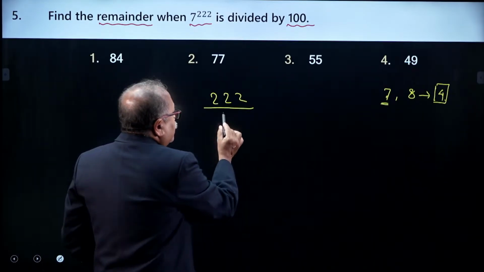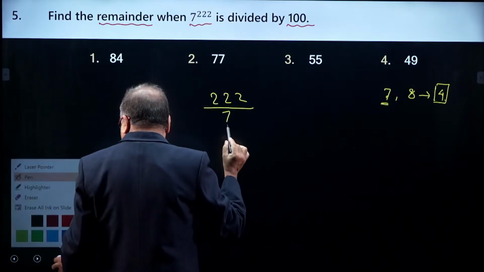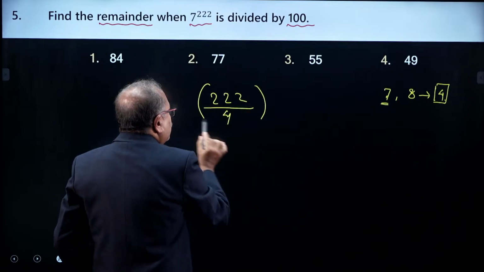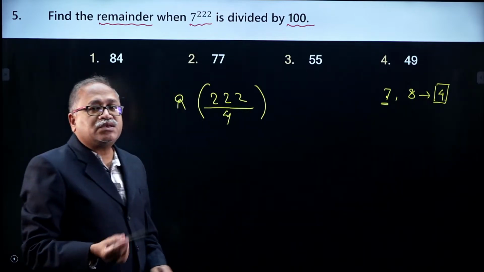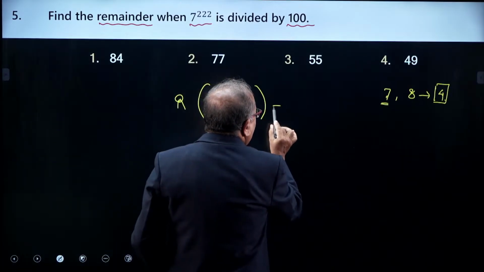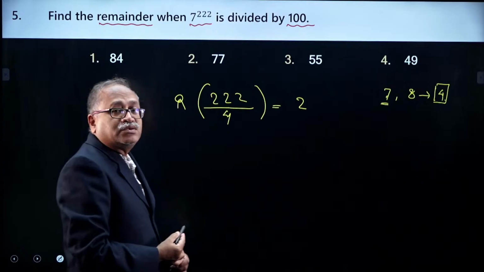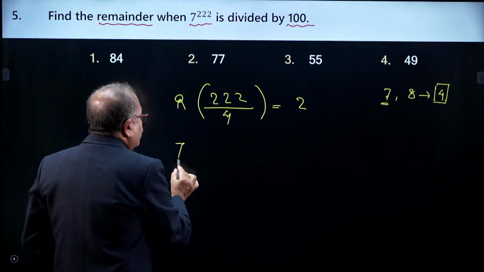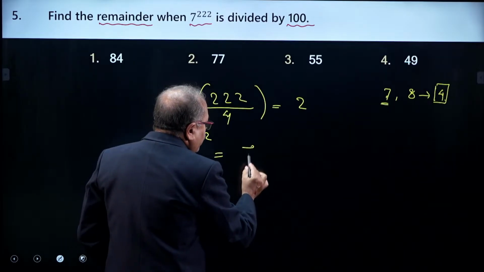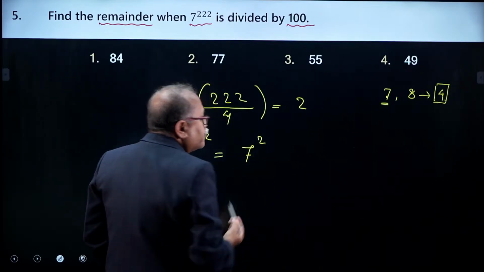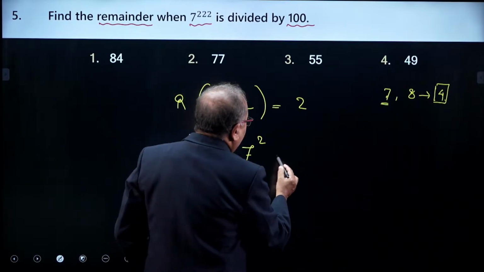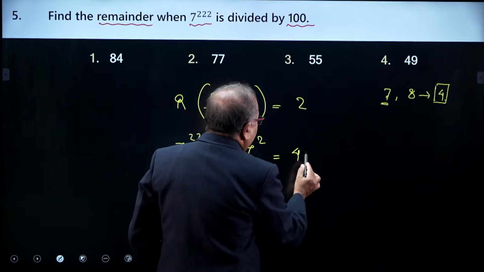So divide by 4 and take the remainder, and this is applicable in case of 7 and 8. Here I notice that my remainder is 2. So 7 to the power 222, whatever remainder comes, will be the same as for 7 to the power 2. And 7 to the power 2 comes to 49.